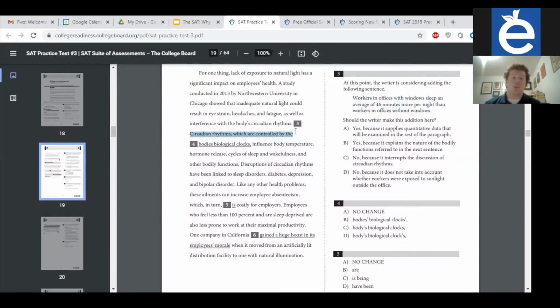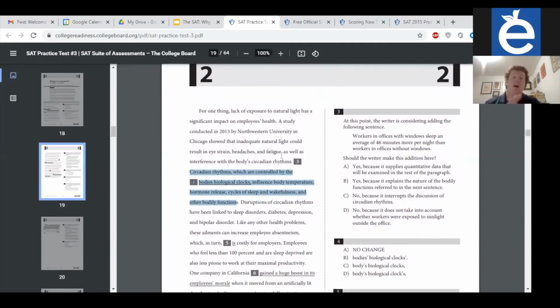Circadian rhythms, which are controlled by the body's biological clocks, influence body temperature, et cetera. Sorry I cut that off at the end there, but the description of circadian rhythms isn't quite as applicable as what we should be looking at, which is that with this discussion of circadian rhythms, we have a mention of it, and then it's immediately followed up with an explanation.